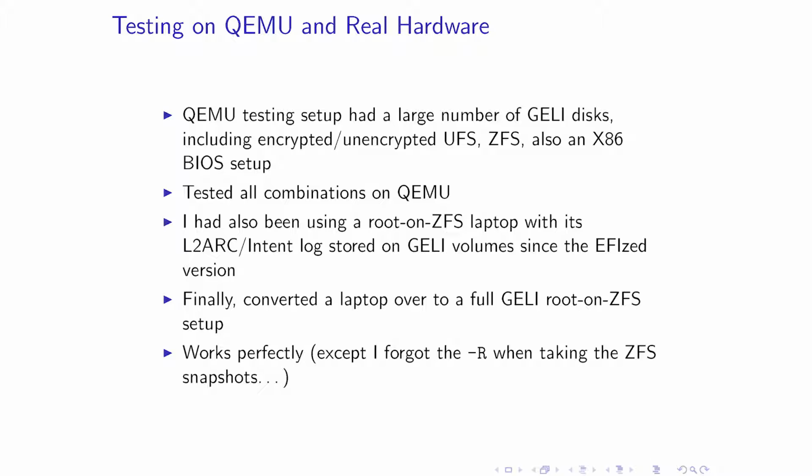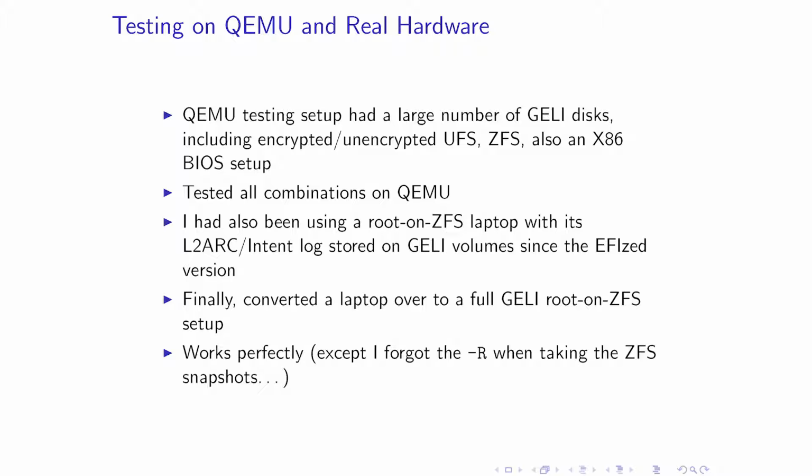So to test this stuff, I set up a bunch of QEMU images, a bunch of different combinations. I've been personally using a root on ZFS EFI booted laptop for quite some time. So I was actually brave enough to test this on real hardware.